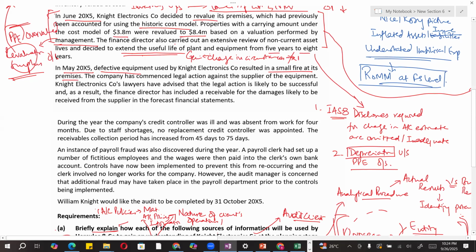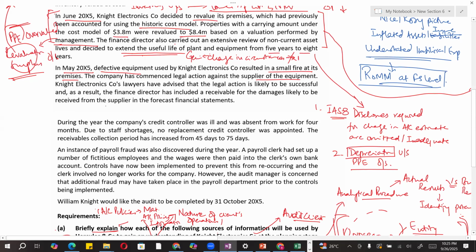The company has commenced legal action against the supplier of the equipment. Knight Electronics Co. lawyers have advised that the legal action is likely to be successful, and as a result, the finance director has included a receivable for the damages likely to be received from the supplier in the forecast financial statements.